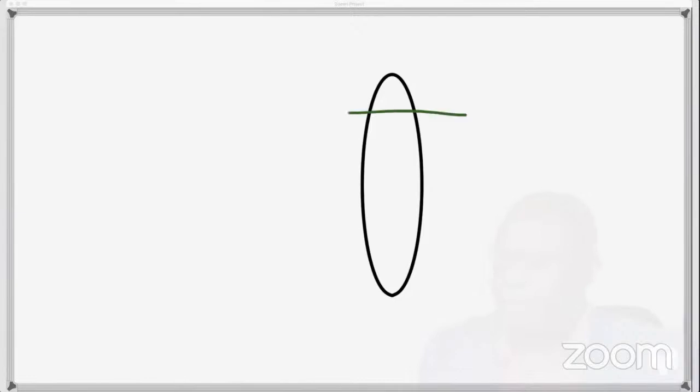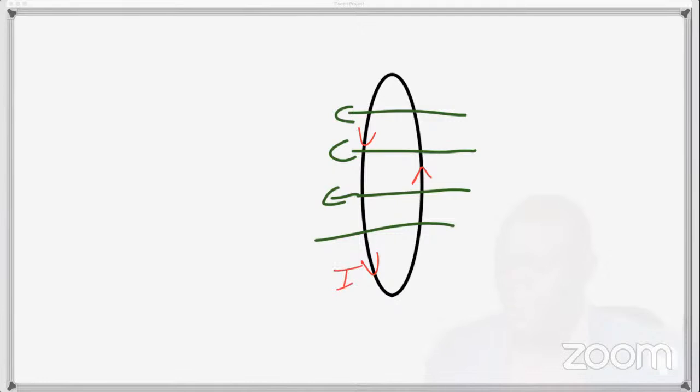So if this is your conductor, for you to have a magnetic field coming this way, your current will need to be going like this. So basically you place your thumb in the direction of the current and then you wrap your fingers around, and you see that the only way you achieve this is to have a counterclockwise current.